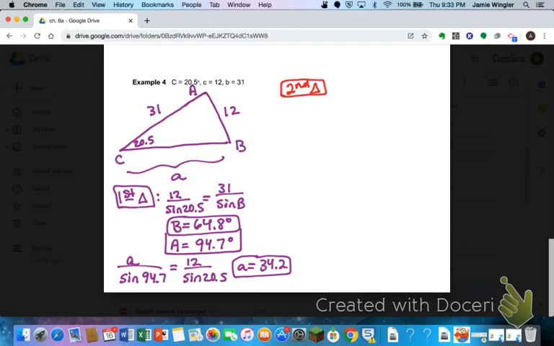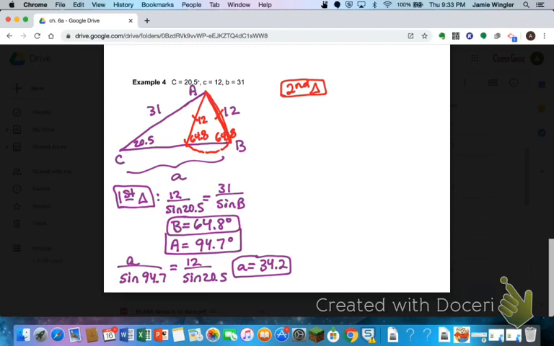With the second triangle, you always take the side that's opposite the given angle, and you swing it along the non-given side. So I'm going to swing it over to here to make an isosceles triangle. This is 12. We just found angle B to be 64.8. So that means this angle right here is 64.8.